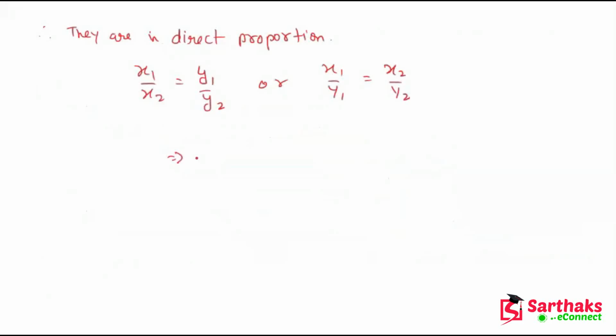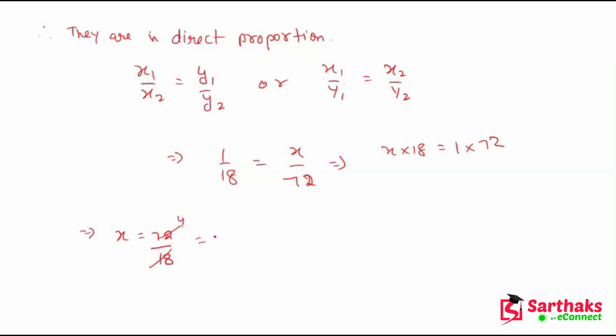So we get 1 upon 18 is equal to x upon 72. So this becomes x into 18 is equal to 1 into 72. So x is equal to 72 upon 18. I hope you understand these things. After solving this, it cancels 4 times, so we get 4.